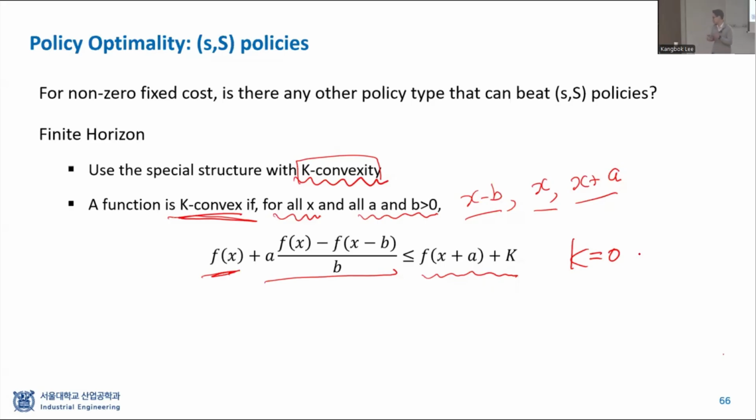But this is a little bit stronger than that because our structure is quite special. Left of the small s, we have a certain line structure. Right after small s, we have a convex structure. So this is not just a simple convex function.